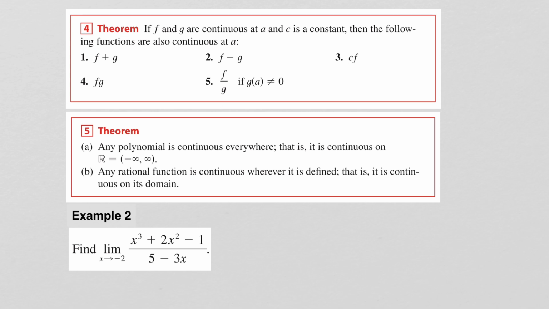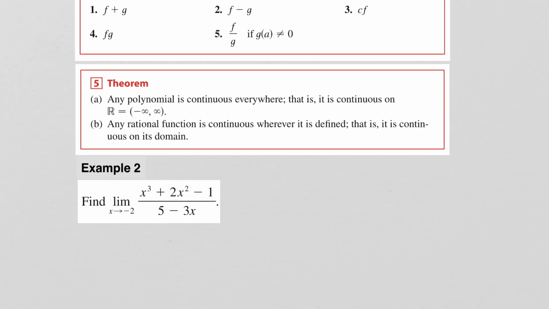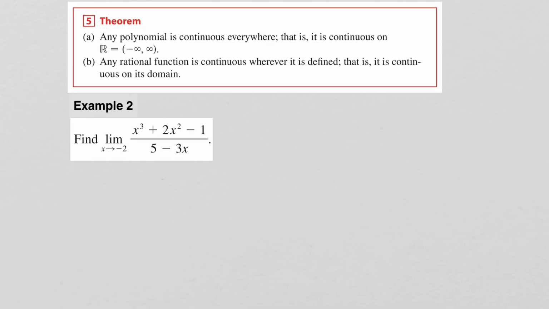So when you add, subtract, multiply, or divide functions, or multiply a function by a number, if those functions were continuous in the first place, then all the resulting functions are continuous as well. The other theorem says any polynomial is continuous everywhere, and rational functions are continuous wherever it is defined.